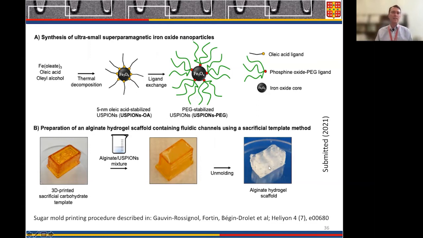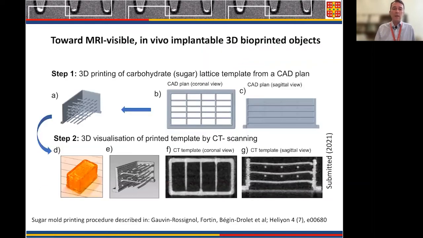Alginate is a specific molecule that comes from seaweeds, and it polymerizes by adding calcium. So you add calcium to alginate, and then it will form cross-links between its different moieties. When the alginate is formed around the sugar mold, you let the sugar dissolve in water, and when you rinse the hydrogel of all the sugar that dissolves, you get a template.